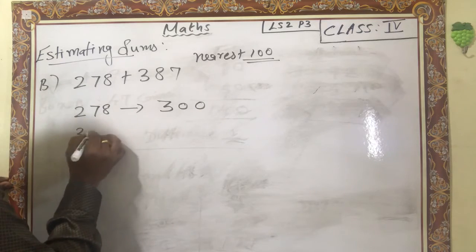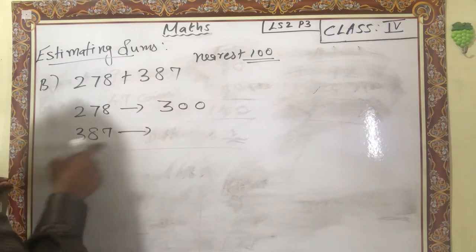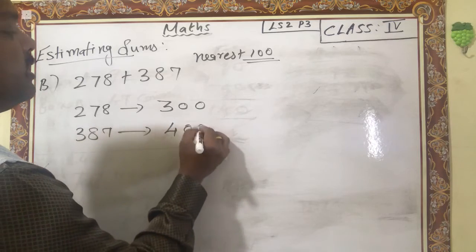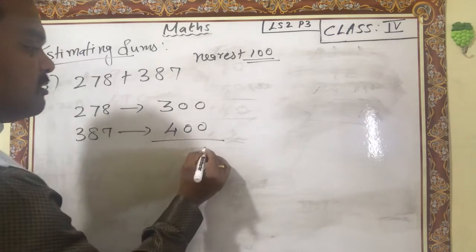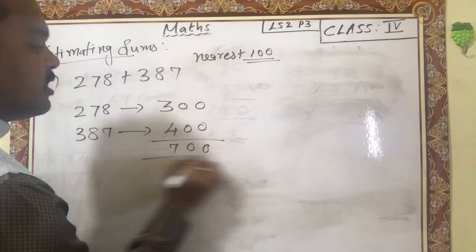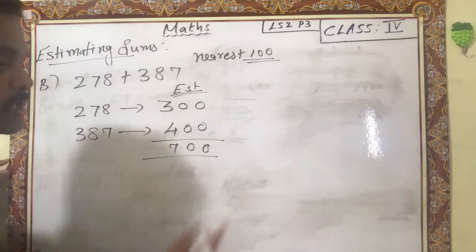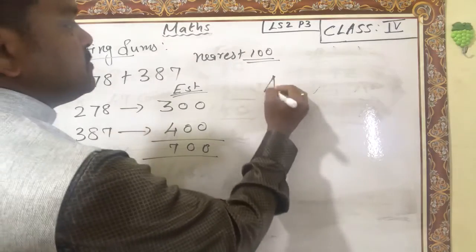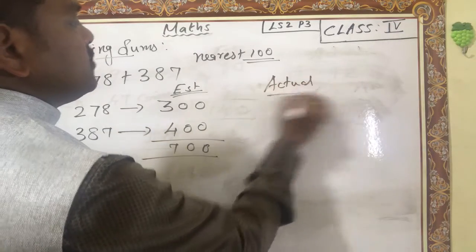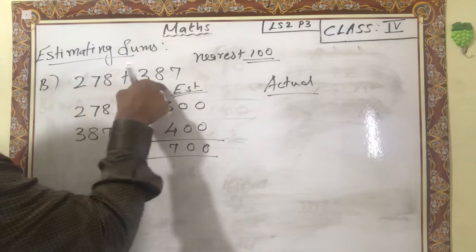387. Nearest 100 is 400. Add 0, 0, 7. This is the estimated sum, 700. Now we are going to find the actual sum. Actual sum, 278 plus 387.